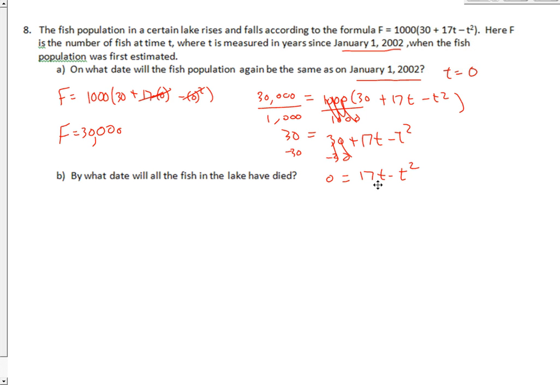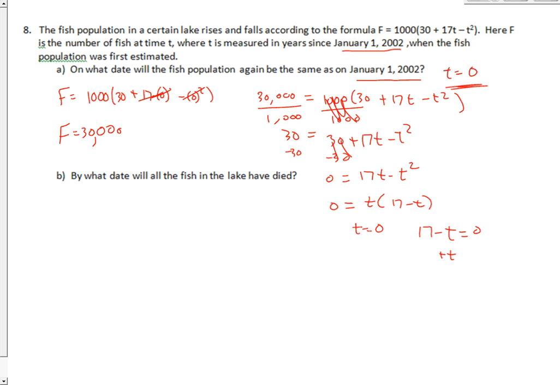At this point, you need to realize we only have two terms with a quadratic. So both terms have a t. So we're going to factor out t. And we get t times (17 minus t) is equal to 0. Now that we have the two factors here, we're going to set them both equal to 0. So t equals 0, which actually we knew from up above, and 17 minus t equals 0.